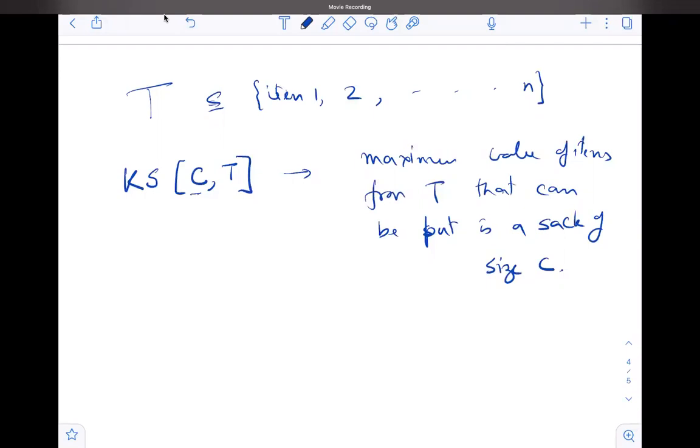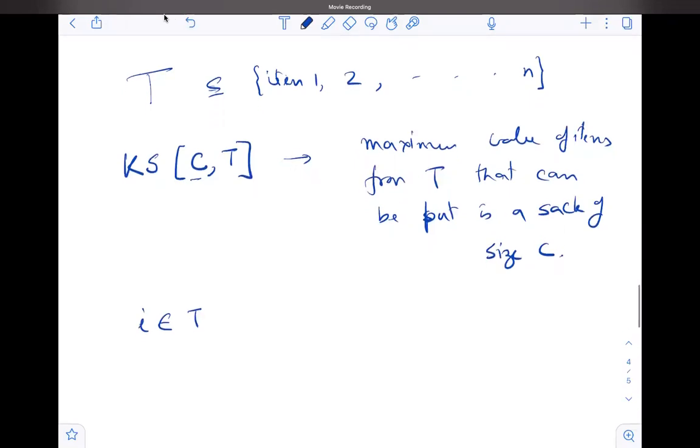And then what I can take is any item, say item I from T. Then you can always write K(C, T). There are only two possibilities, right? One is that I have picked up that item.